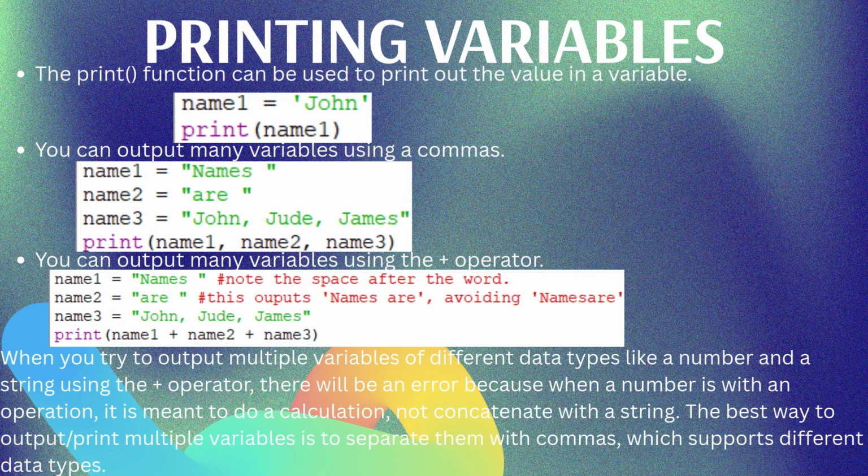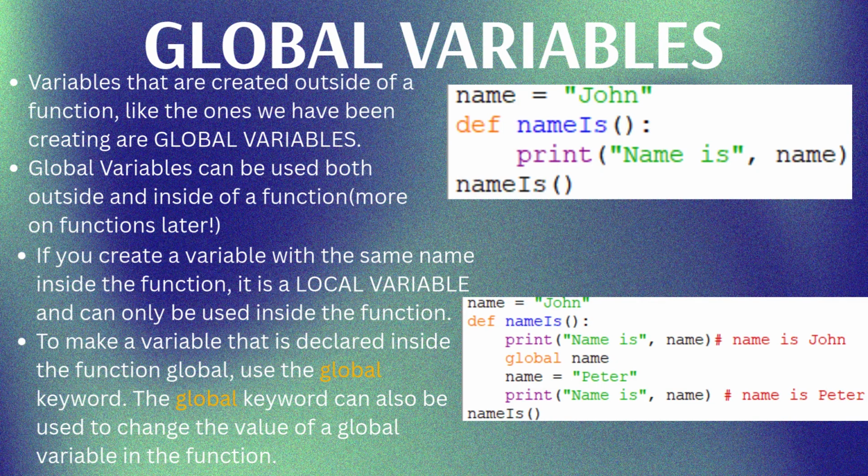That absolutely works. Variables that are created outside of a function, like the ones we have been creating, are called global variables. And global variables can be used both outside and inside of a function. More on functions later.